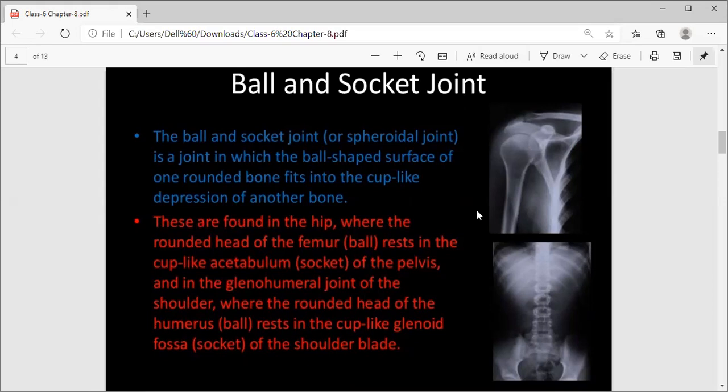This is a joint in which the ball-like surface fits into the cup-like surface. That's why the movement is in all directions. So it's very important. It is found in the hip and shoulder, and both show movement in all directions. So this is your first type of joint, the ball and socket joint. Let's move further.